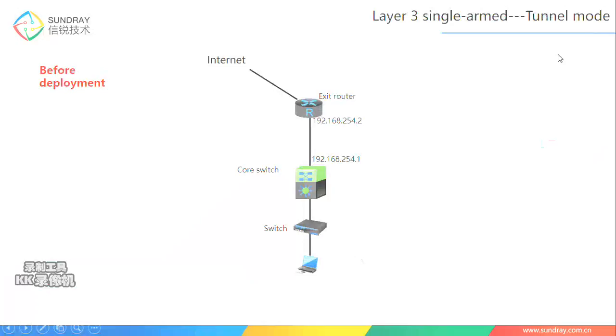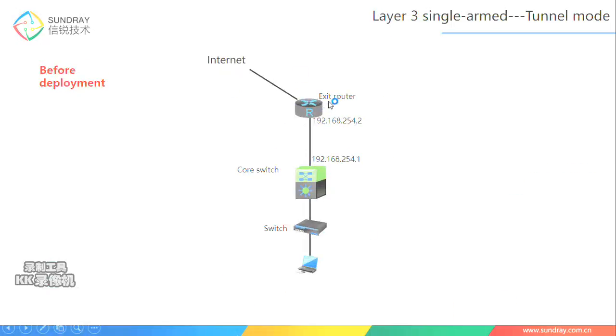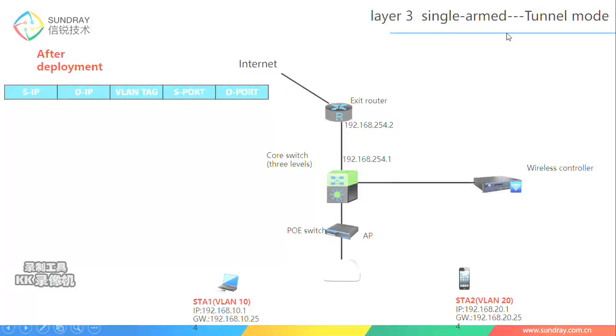And also we have the layer 3 single arm mode, tunnel mode here. Before the deployment, it's the same: we have the router and the layer 3 core switch here, and then we set the controller's layer 3 deployment.